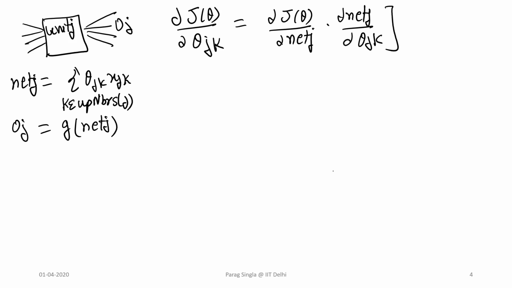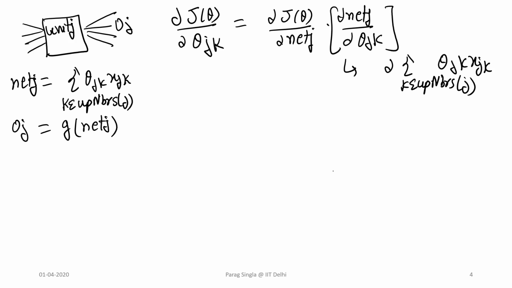This quantity is the derivative of the summation over k belonging to up neighbors of j of theta jk xjk over theta jk, which is equal to xjk.